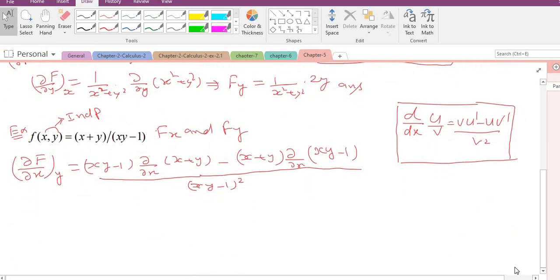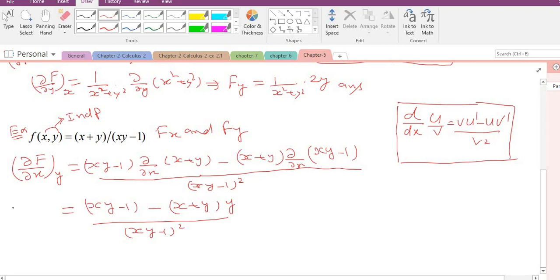So now simplify, that means differentiate it. So it is coming xy minus 1 and del x of x plus y, del x of x is 1 and del x of y is 0. So this is 1 minus x plus y, del x of xy, that means y, because y is constant, and del x of 1 is 0, divided by xy minus 1 power 2.